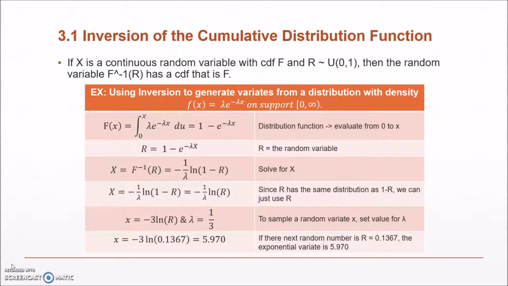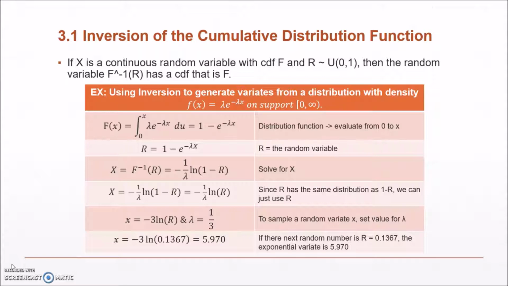So an example of using an inversion to generate variates from a distribution with a density f of x equal to lambda e raised to the negative lambda x on support 0 to infinity, which is our exponential PDF. Capital F of x is equal to the integral from 0 to x of lambda e to the negative lambda u, du, and we find that that's 1 minus e to the negative lambda x.